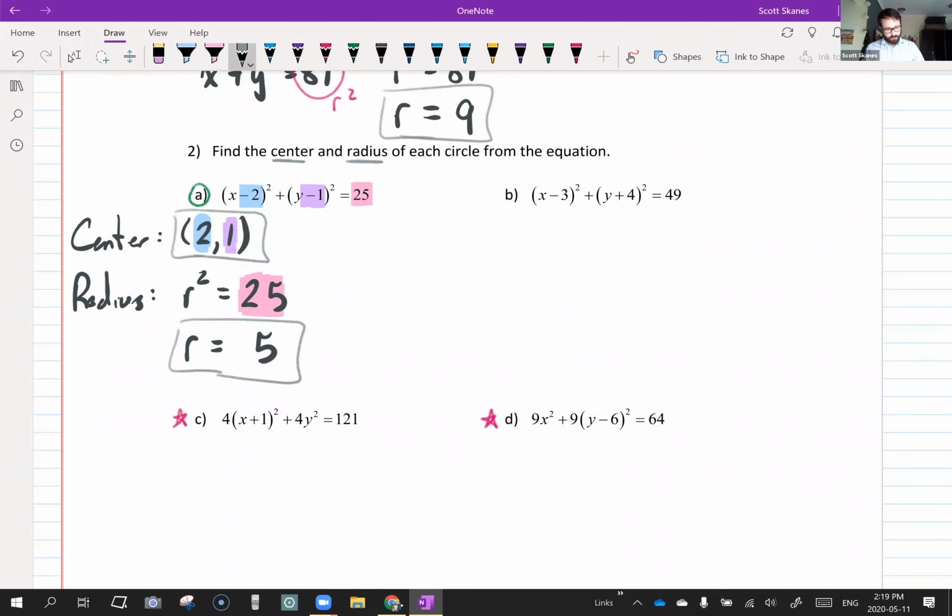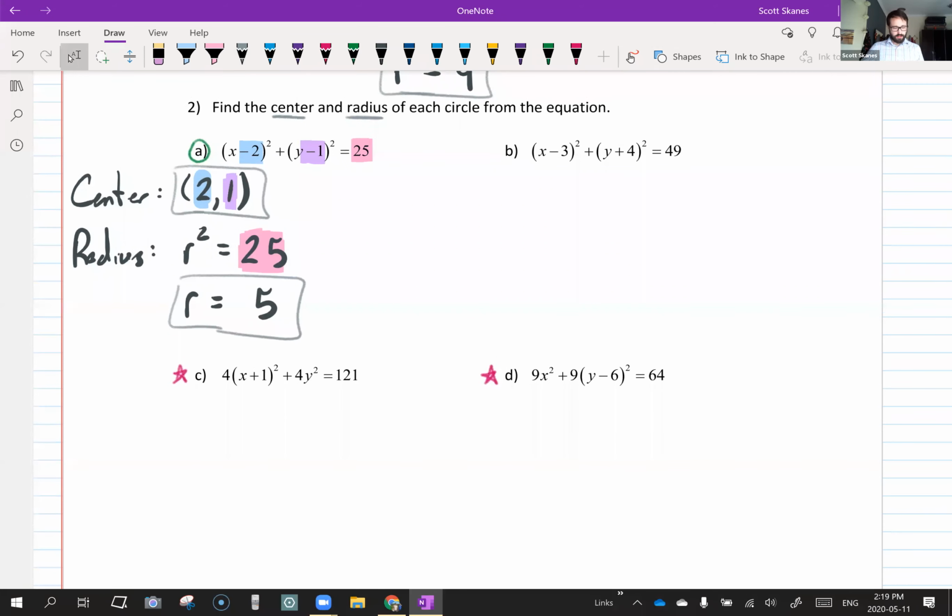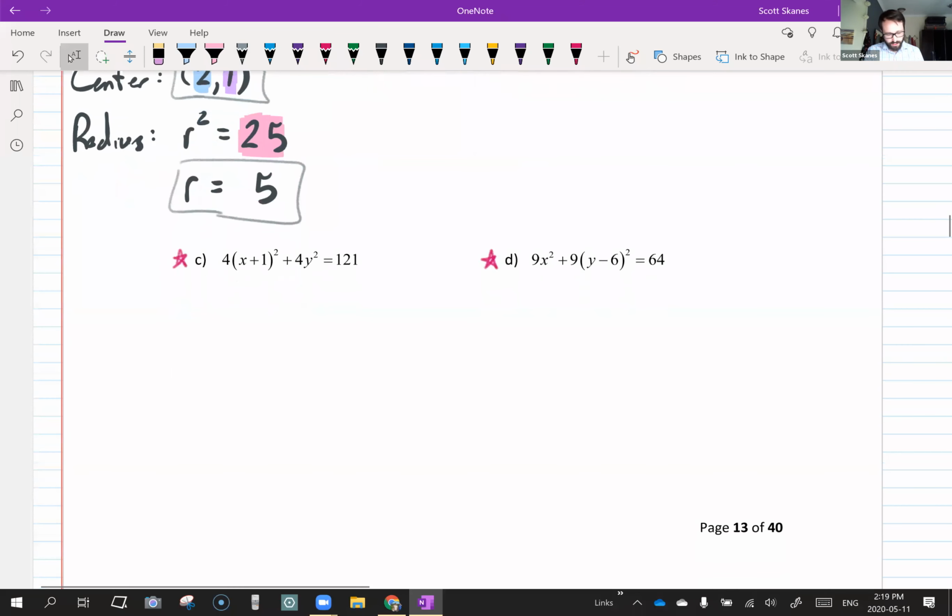Okay? So for 2C and D, they're slightly different. You need to divide first, but not too much to it. So I'll just show you how you do that just to get one done. I'll do the first one. Notice we have a 4 in front of everything here. We don't want these terms. Like these should not be 4. They should be nothing.